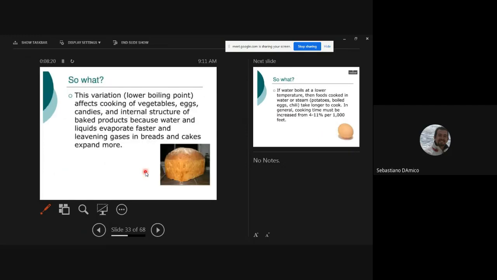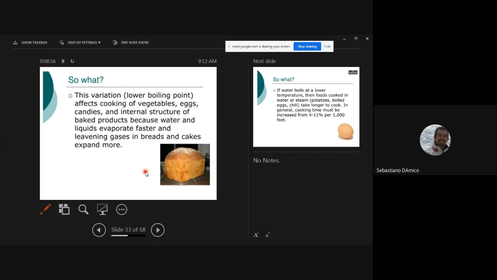So this variation, the lower boiling point, affects cooking of vegetables, eggs, and several other things, and the internal structure of baked products, because water and liquids evaporate faster, and leavening gases in bread and cakes expand more. So ideally, we should adjust our recipes to take such things into account.